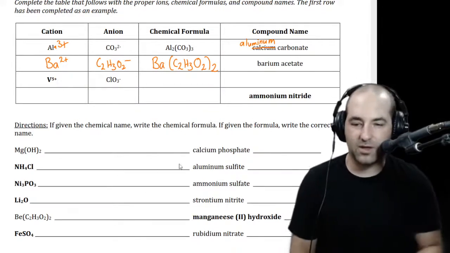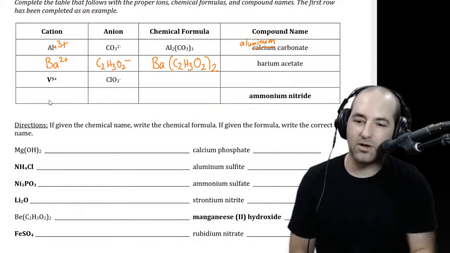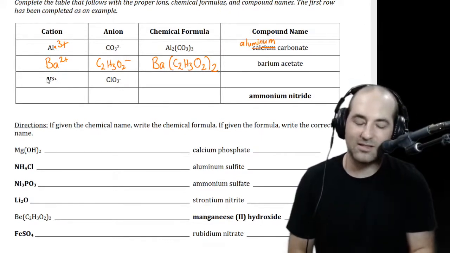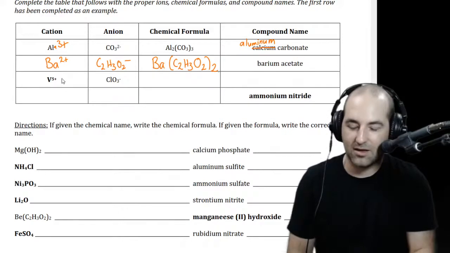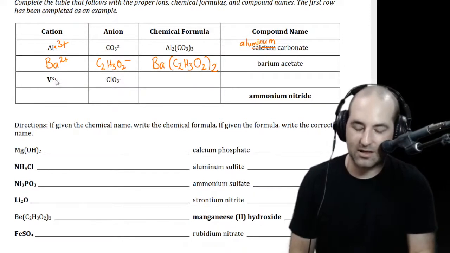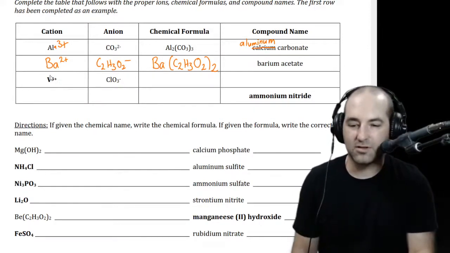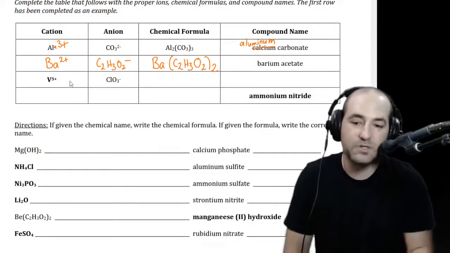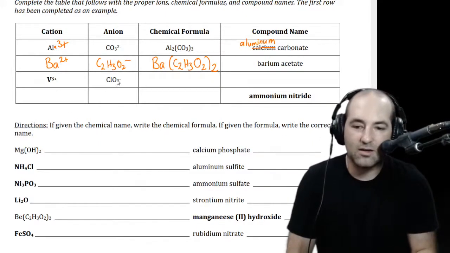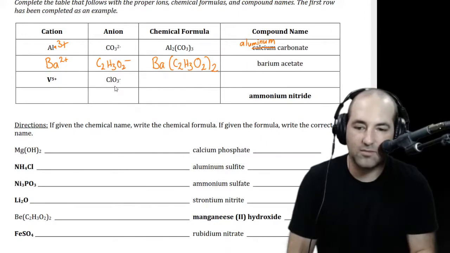So this one, this is kind of a weird one because it's 5. It's not actually an ion exactly. Ions can't really have that high of a charge. There's something else going on there. We don't need to get into it. But let's pretend it is what it is. And we've got vanadium with a 5 plus charge there, and we've got a chlorate ion here.